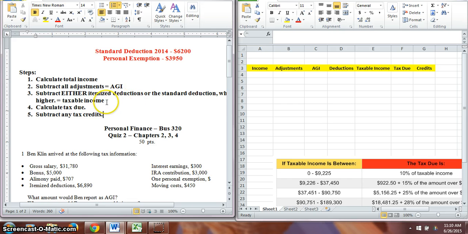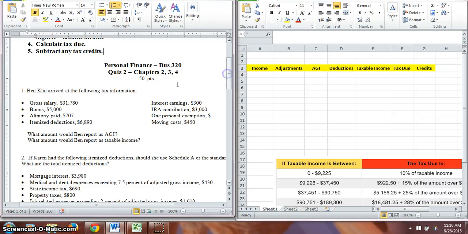At this point, we go to the tax tables, unless I give you the tax rate in the problem. Calculate the tax due, and then lastly, subtract any tax credits. It will say credit on the item to make sure it's very clear that you subtract these after you calculate tax due. All right, so let's go.